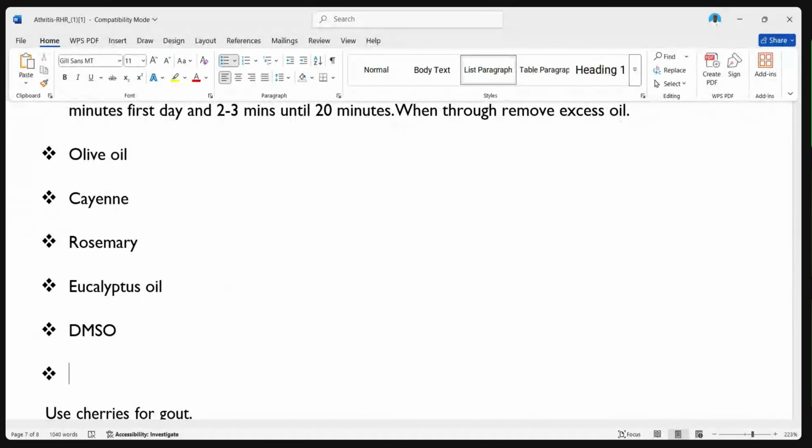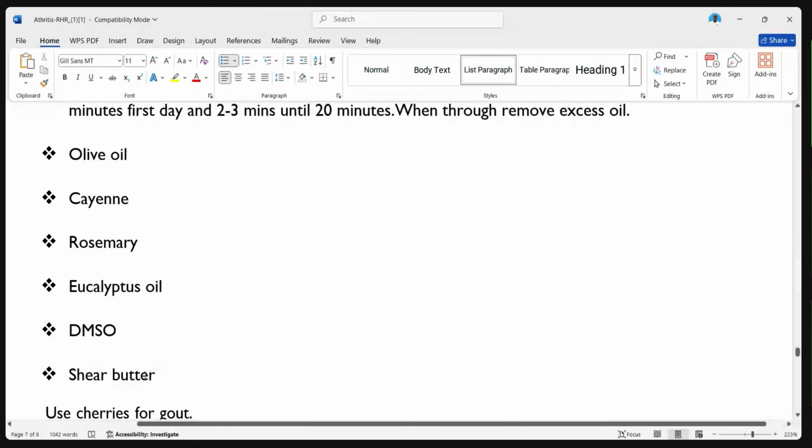And for that one, I used, what did I use? Shea butter. This shea butter. So this was just to crystallize it.